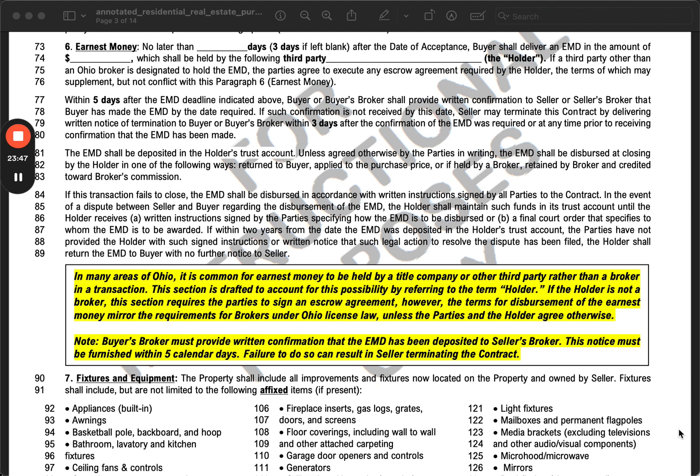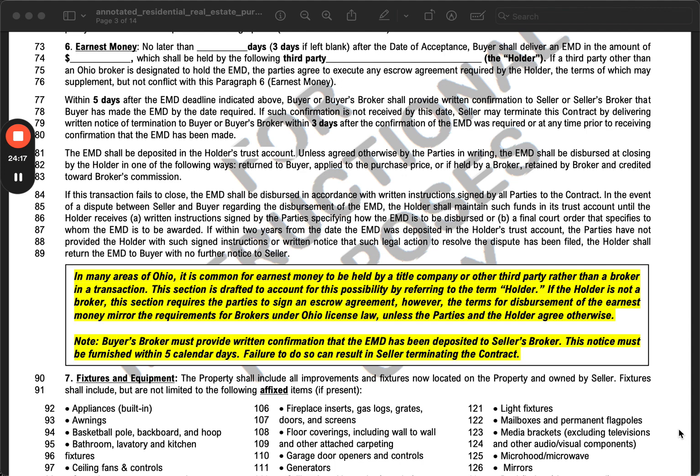And if you as the listing agent check on the 6th day and it has not yet been deposited, under line 77, within 5 days after the earnest money deadline indicated above, the buyer or the buyer's broker shall provide confirmation, okay? And under line 79, the seller, by delivering written notice to the buyer, can terminate here within 3 days.